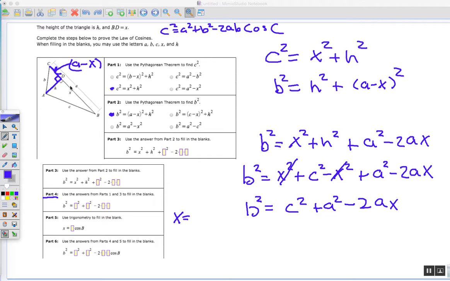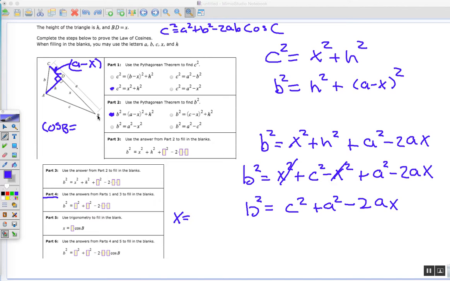So we're going to go back to our triangle here. And we see we have a cosine b. So let's use our rule for cosine. Cosine b is equal to adjacent over hypotenuse.